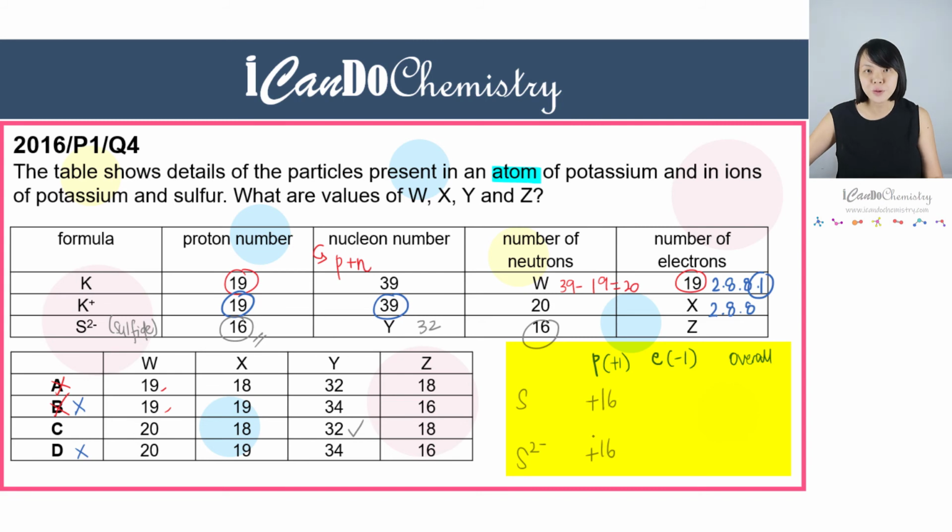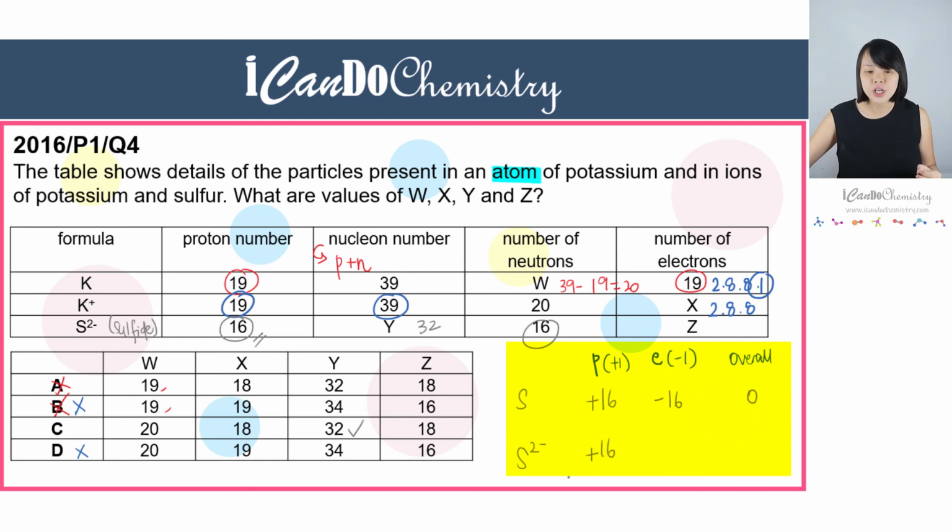If we have 16 protons, there will be a +16 in atom and ion. Now let's determine the number of electrons. For sulfur atom, the number of electrons must be the same as the number of protons because an atom is electrically neutral. So there must be 16 electrons, which contributes to -16, giving an overall of 0 charge in an atom.